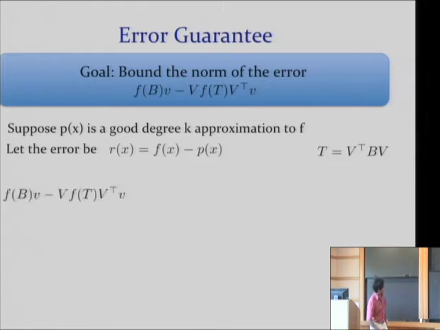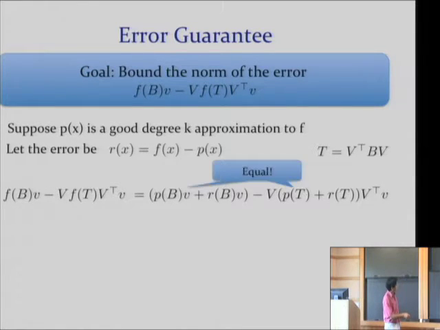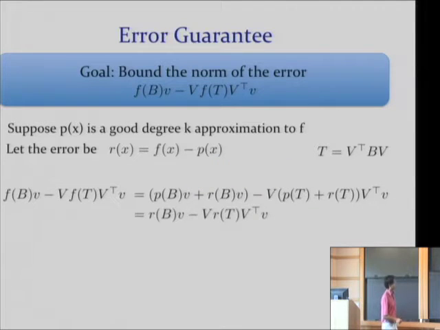Now I'll substitute f as P plus the error in both the terms. The nice thing is that the polynomial parts are equal. This is what we showed, right? All the polynomial parts are computed exactly, and that means our error is determined only by the error function applied to the matrix B and applied to the matrix T.